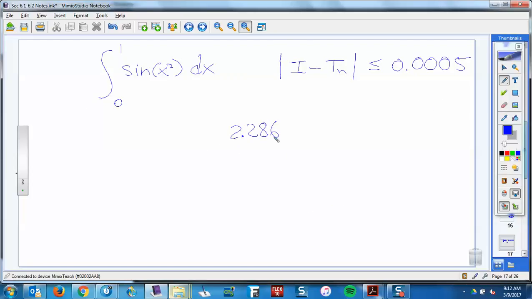We're going to set our formula to be less than or equal to 0.0005. We want our max error to be less than or equal to that. So 2.86 times 1 minus 0 cubed, over 12n squared.